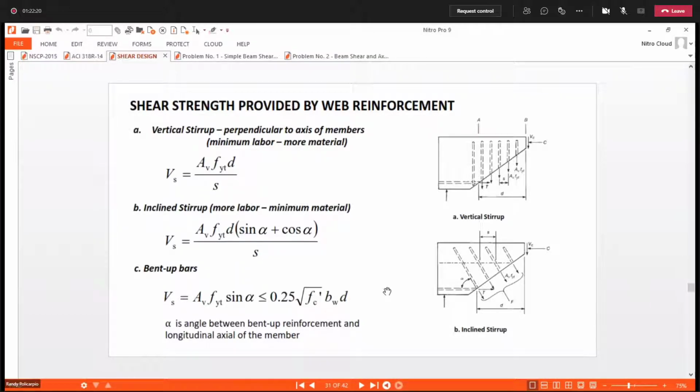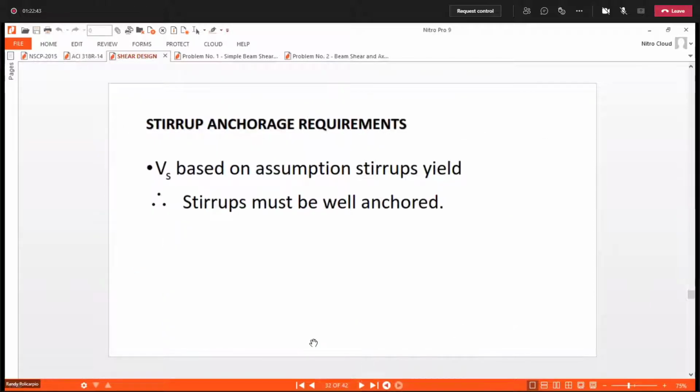The determination of VS, if you have already your stirrups, pwede mong kunin yung VS using these following formulas. Sabi dito, VS based on assumption that the stirrups will yield.